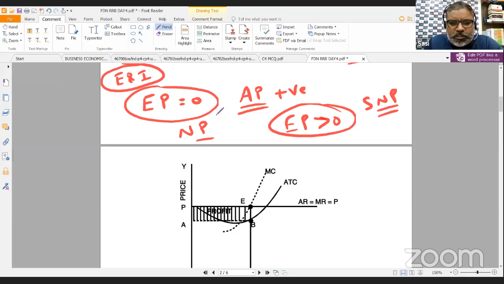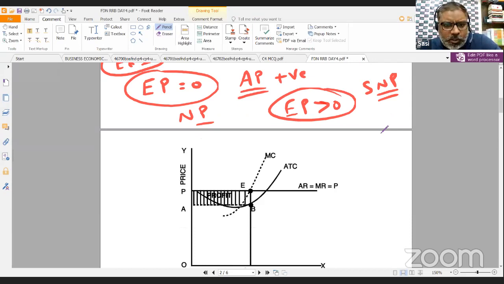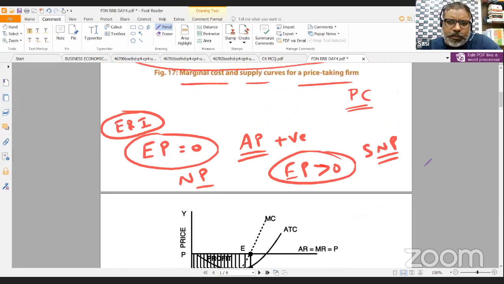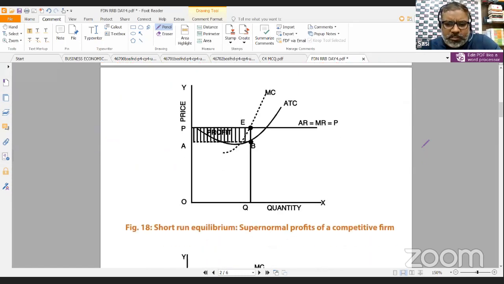That is supernormal profits. When economic profit is zero, it is called normal profits. When economic profit is greater than zero, it is called supernormal profits. Naturally, when economic profit is less than zero, it is losses. So now the point is simple. When will the perfectly competitive firm get each of these three things?